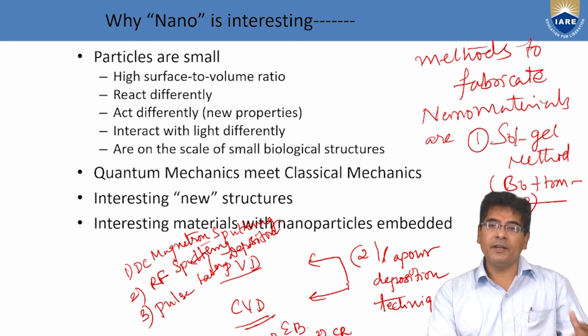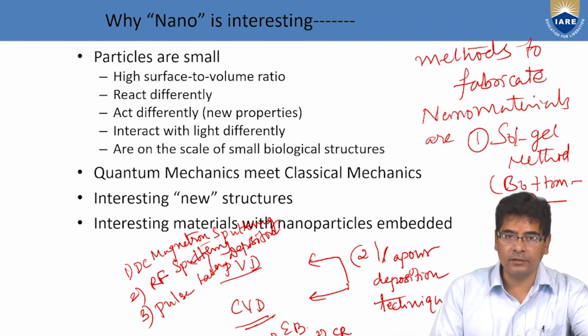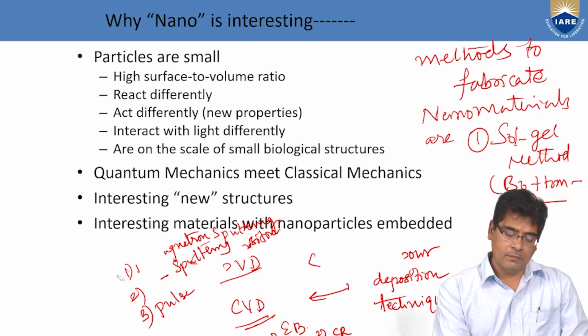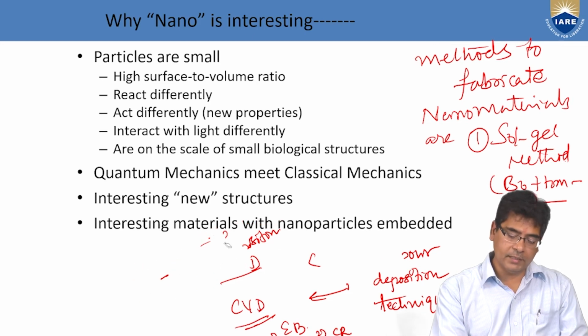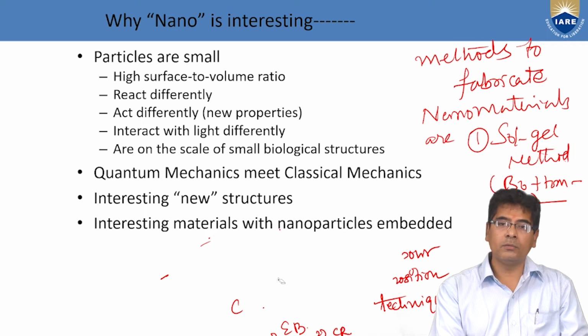So these are the different techniques in which we can fabricate novel nanomaterials. Let us see one by one what the different processes are and how the nanomaterials can be fabricated.